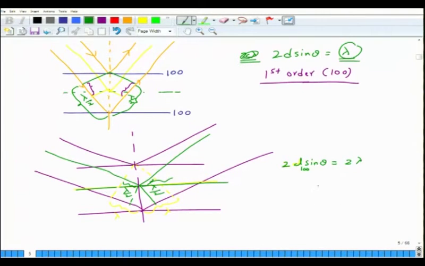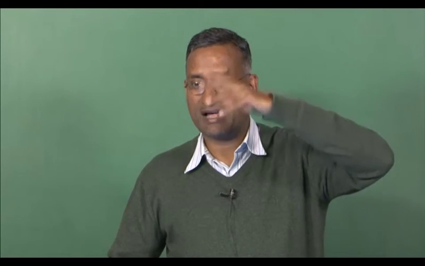So, you can say that for 100 it is second order diffraction, but for 200 it is first order diffraction. This is what it means. Okay. Similarly, you can draw for third order, fourth order, the multiples will keep increasing, 3 lambda, 4 lambda. So, when the path difference between successive 100 planes is 4 lambda, which means you will have fourth order diffraction.